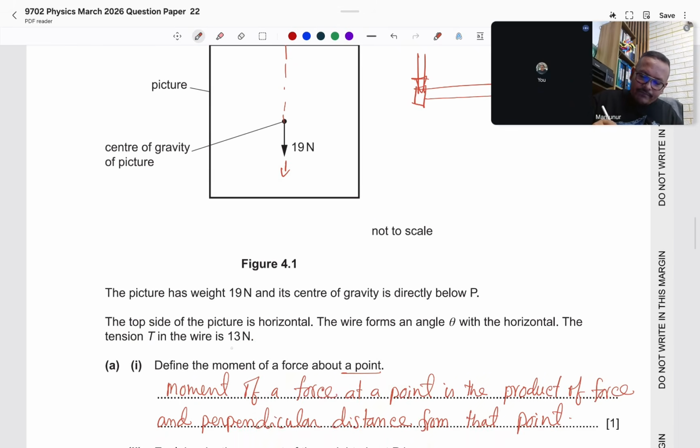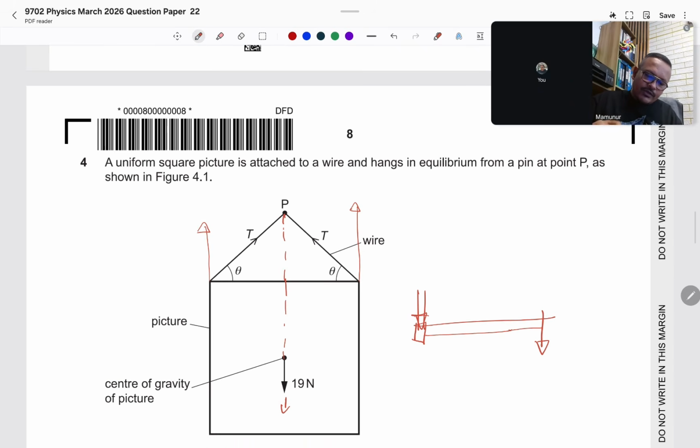T is 13 Newton, so this vertical component will be T sine theta, which means 13 sine theta. Here it will also be T sine theta, 13 sine theta.